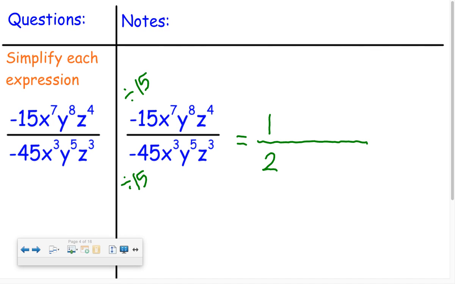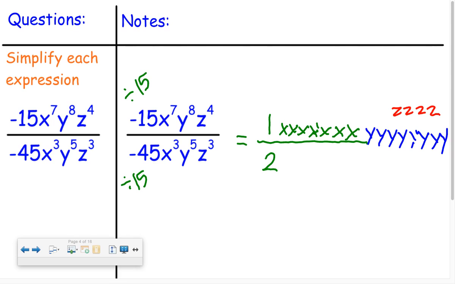Then I'll expand. 7 x's, 8 y's, and 4 z's. Then on the bottom, I've got 3 x's, 5 y's, and 3 z's.